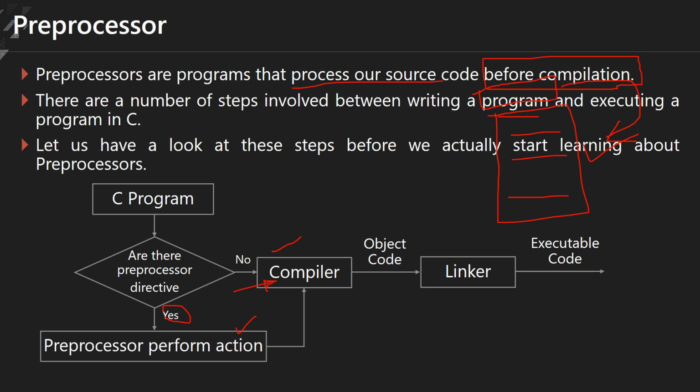So what is an object code? Object code is an intermediate representation. You will understand this when the compiler converts from high level language to low level language. So why do we use a linker? The linker links your multiple functions, because those functions are stored in different locations.